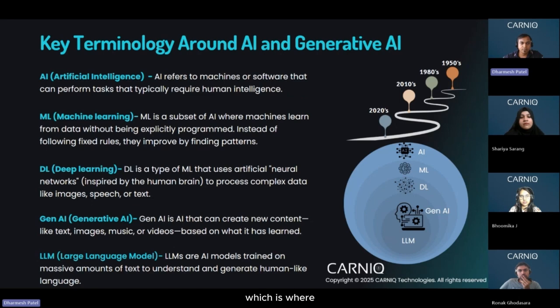This is where we take languages and model them and make predictions: if a word is given, then what would be the next word or next sentence or next paragraph, etc. So these are some of the definitions and key terminologies which you might come across when we discuss generative AI.